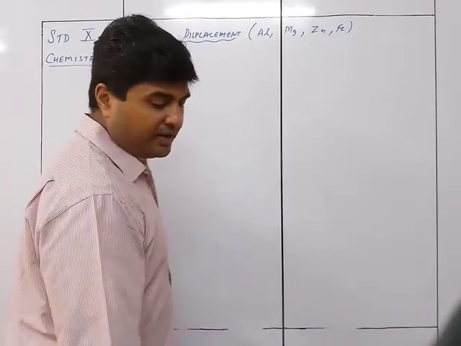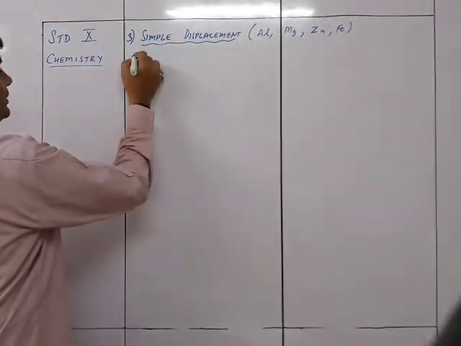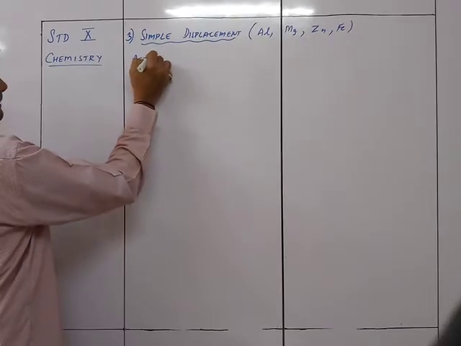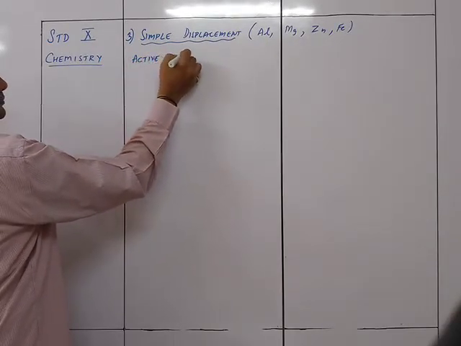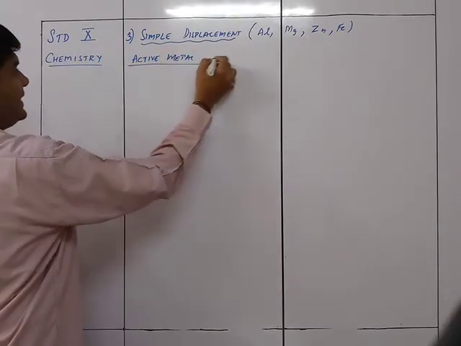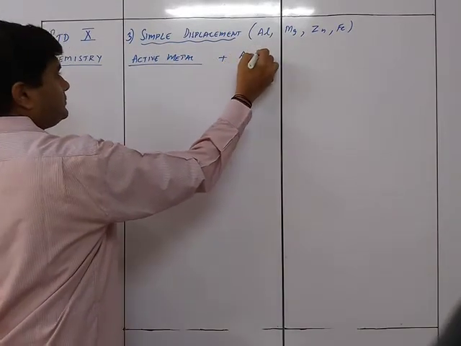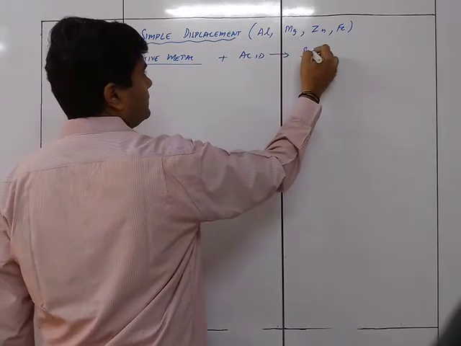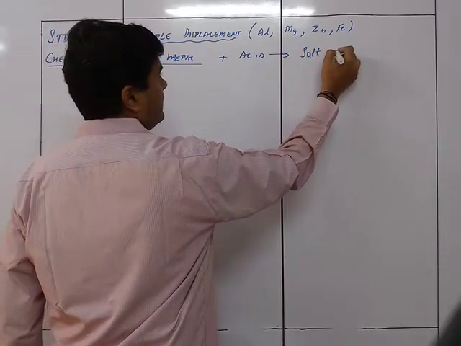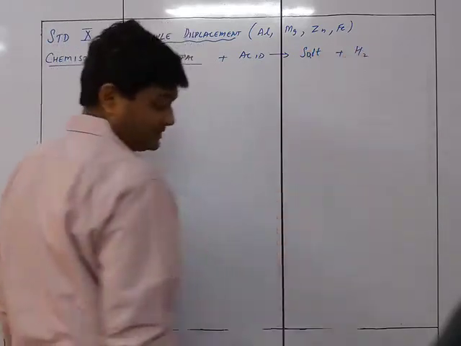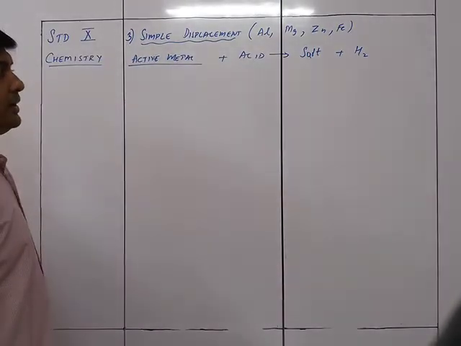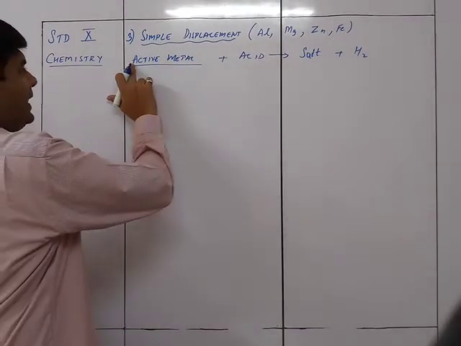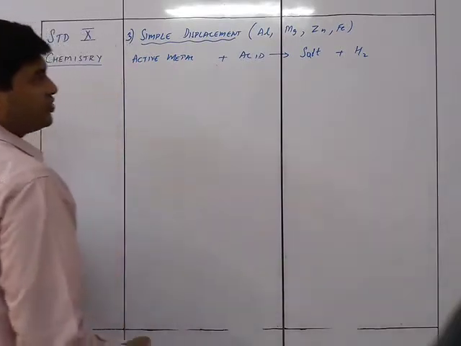So accordingly we have that active metal plus acid is going to give me salt plus hydrogen gas. This is what we have as a general formula.